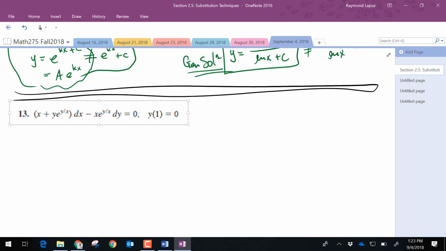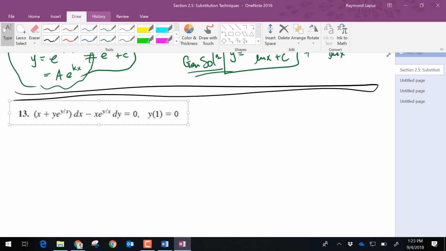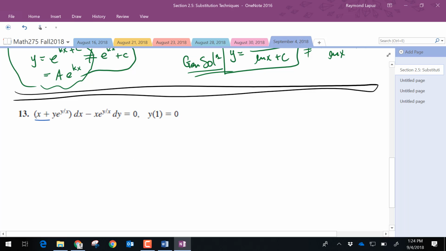So let's see. Again, we identify our M and our N, and see what they look like if we put in a T times x and T times y. So M of Tx, Ty: we're going to put a Tx plus Ty e to the Ty over Tx.